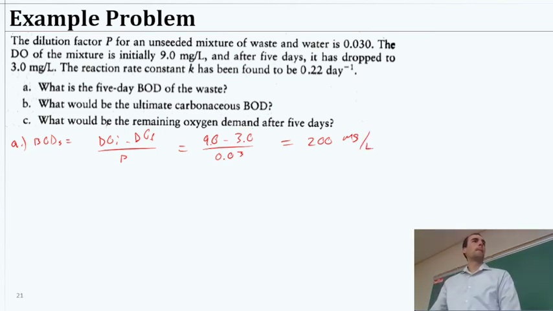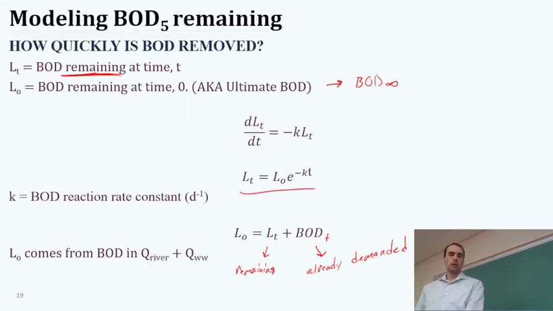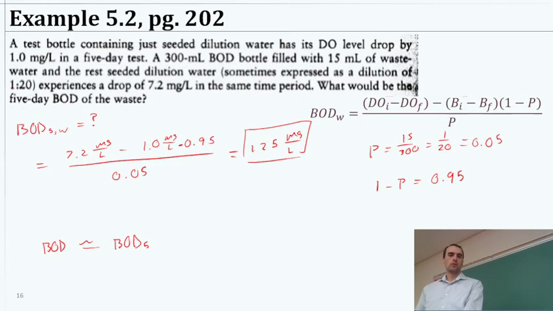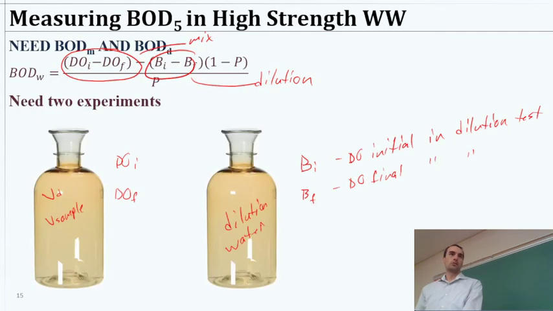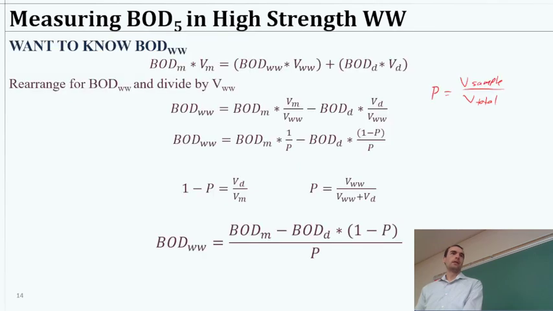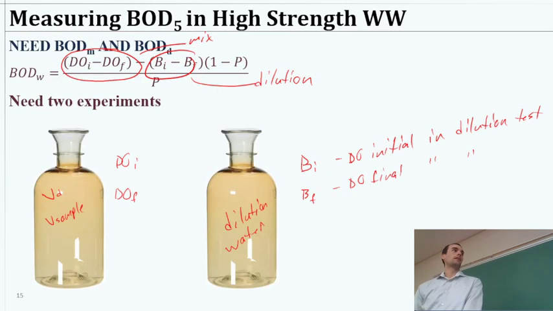So we don't multiply by the 1 minus P and that entire equation, which is a good question. That comes from when we have seeded dilution water. Where we left off last time, we were talking about when we have to add bacterial seed, which brings its own BOD into the water. So that specifically is for when we have to do the 2 tests.